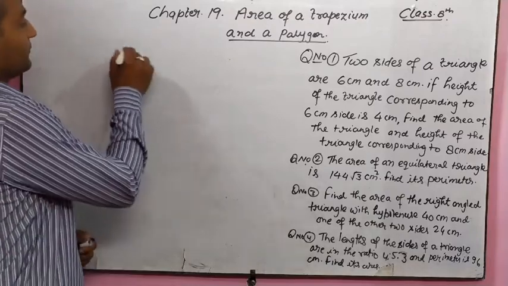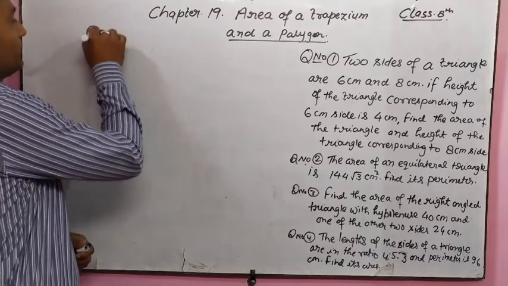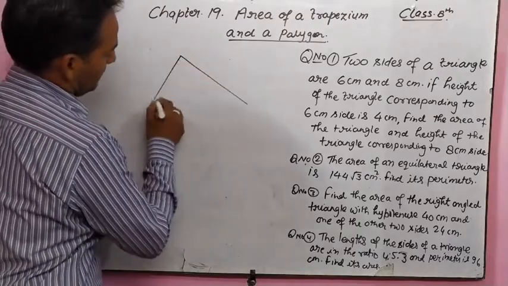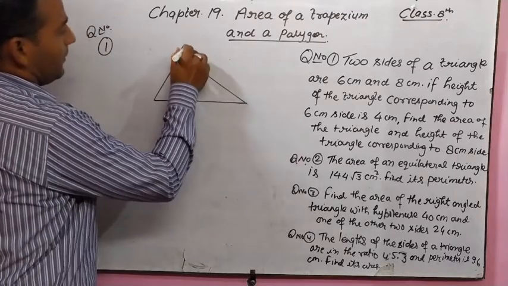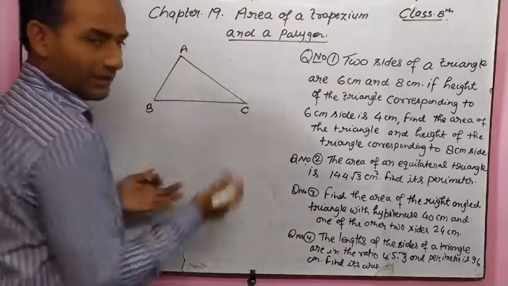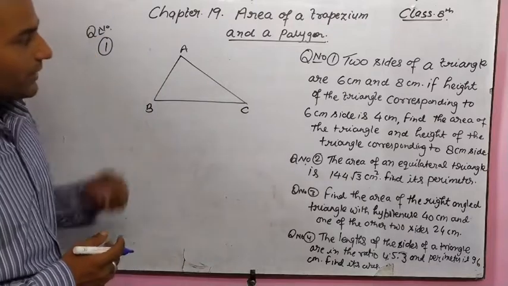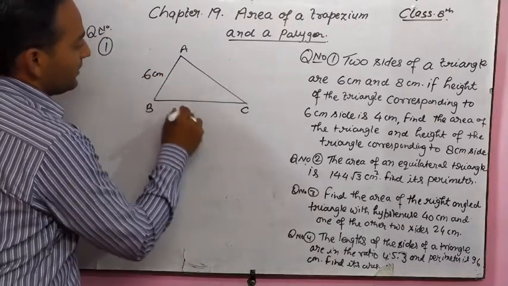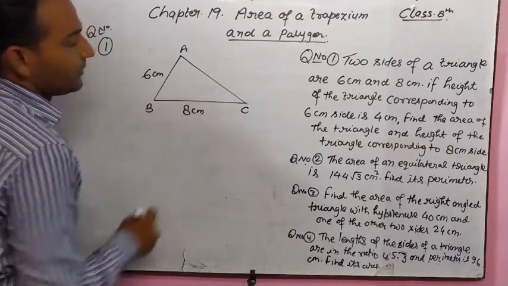Let us see. First question. We have a triangle ABC. We can give the names. Two sides of the triangle are 6 and 8. Let this side be 6 centimeter and this side be 8 centimeter.